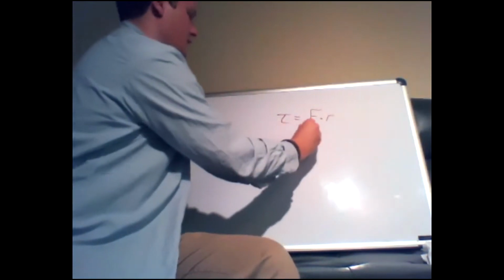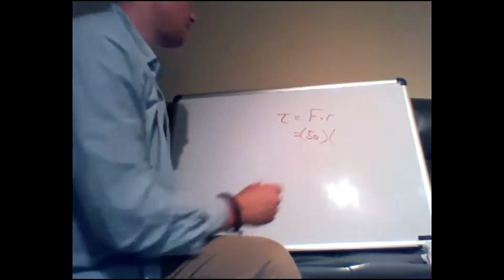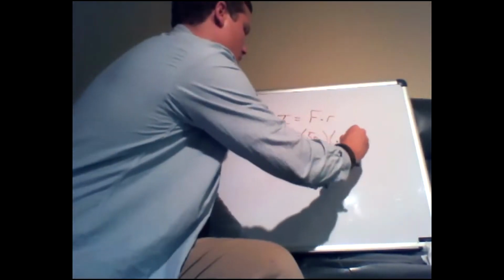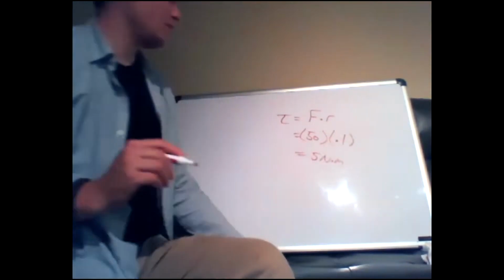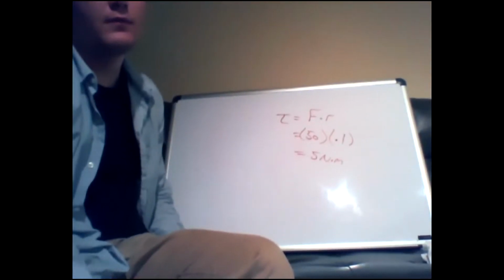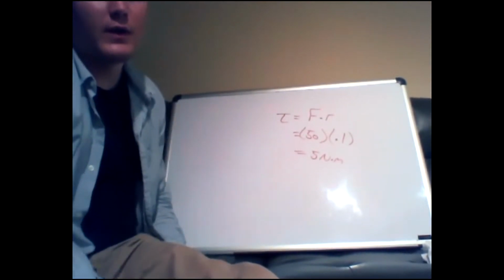So that's just 50 times 0.1. So we get 5 newton meters. Pretty straightforward. All right, so I'm going to stop right here, and then I'm going to make another video on the last problem.